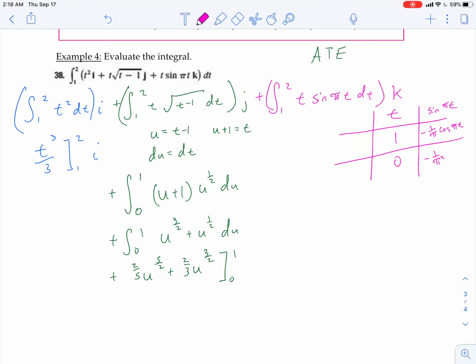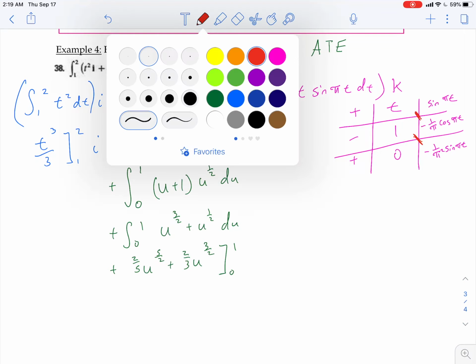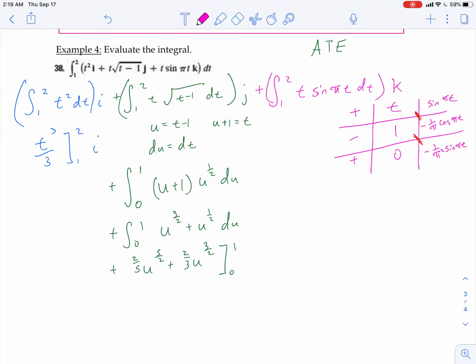And then if I integrate another time, it's going to be negative 1 over pi squared sine of pi t. The reason I have this part on the outside is that it alternates from positive to negative, positive to negative. And now we just take the diagonals, all right?